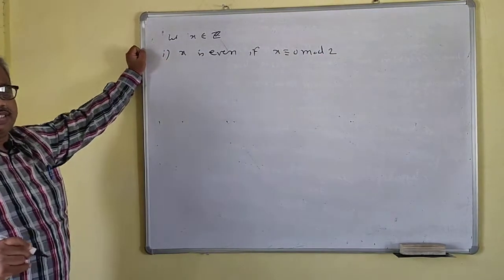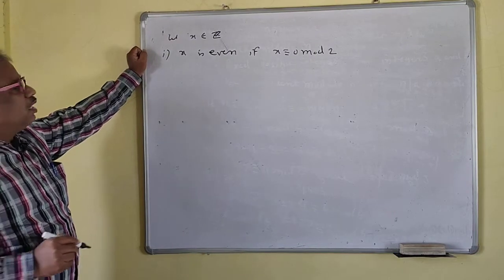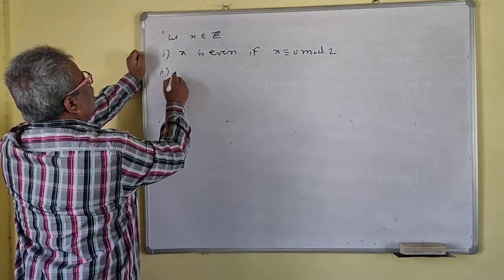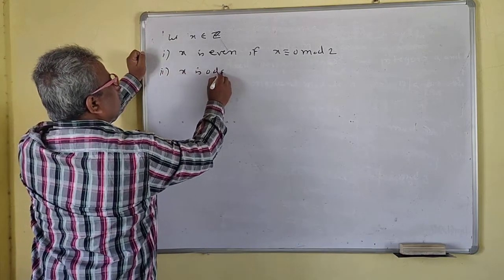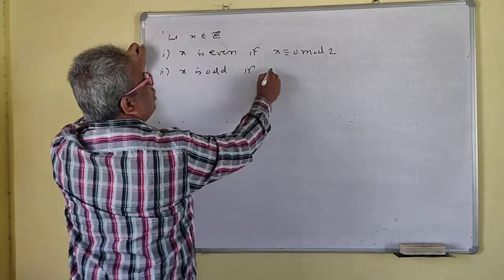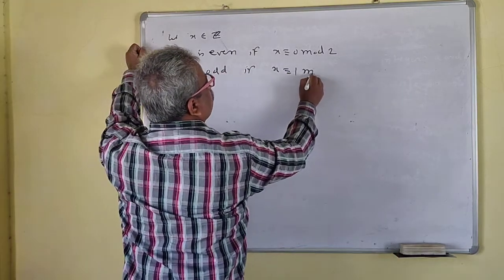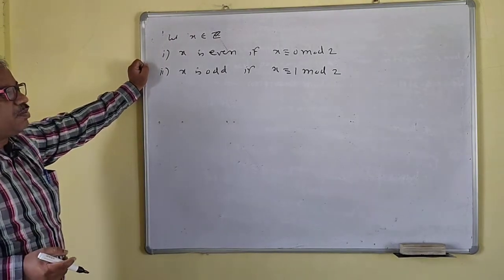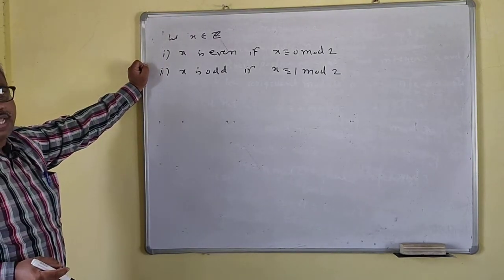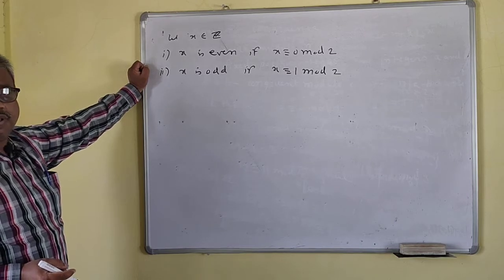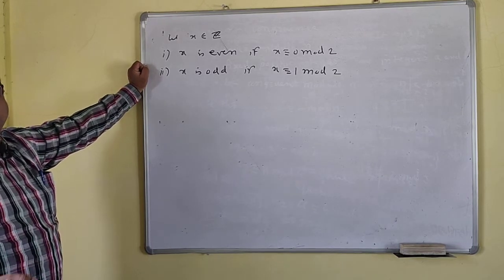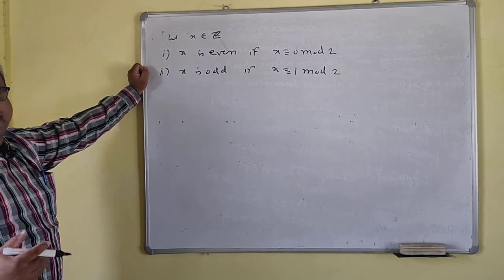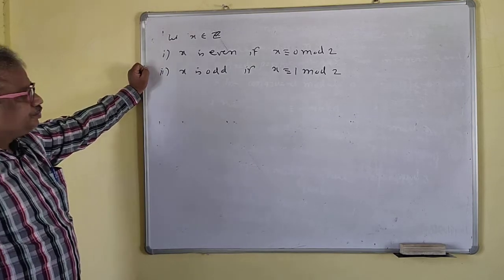Remember this. And second, x is odd if x is congruent to 1 mod 2. Right? X minus 1 is a multiple of 2 now. That means x minus 1 is even. X minus 1 is even means x is odd.